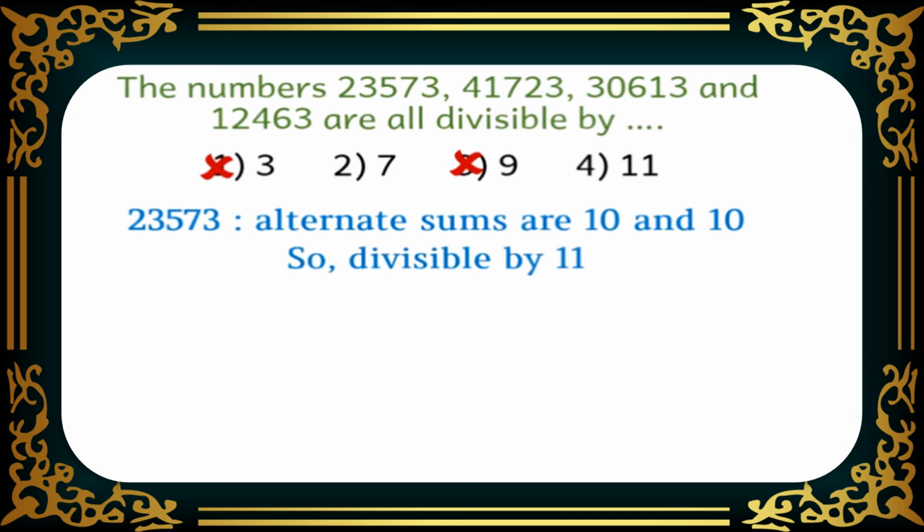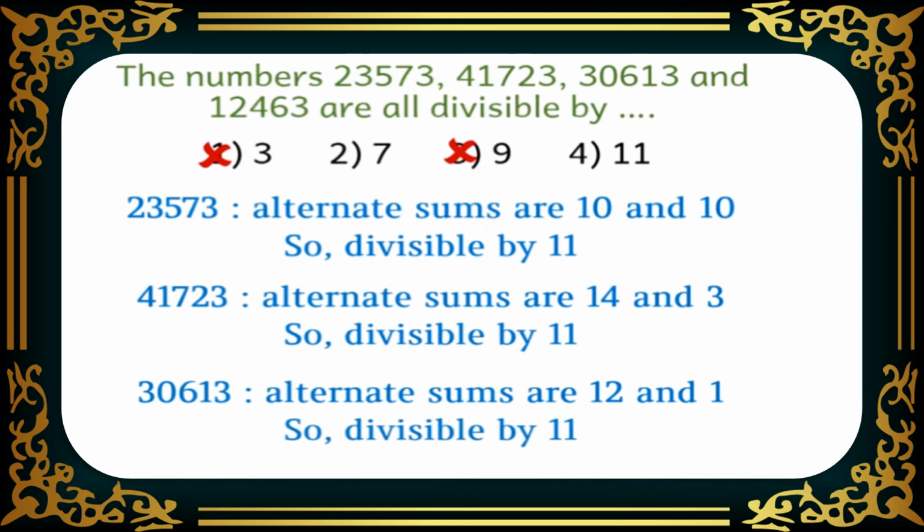So it is divisible by 11. We learned that if the alternate sums are equal, like 10 and 10, then it will be divisible by 11. Okay, so if I add these alternate numbers, alternate sums are 10. If I see this number, 14 and 3, okay, so for the second option, it is divisible by 11.